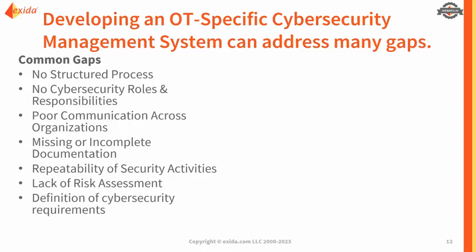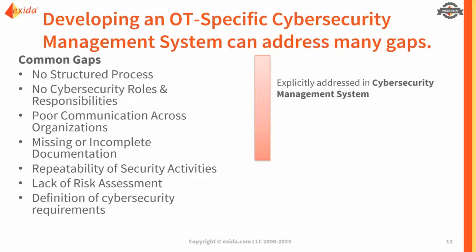And so in general, we can build out those through a top-level cybersecurity management system document where we have the process. We have the ownership within the organization, the life cycle, and who is the owner for each of those life cycle steps within a project. And so by doing that, we can really help to improve that communication, that definition of responsibilities.